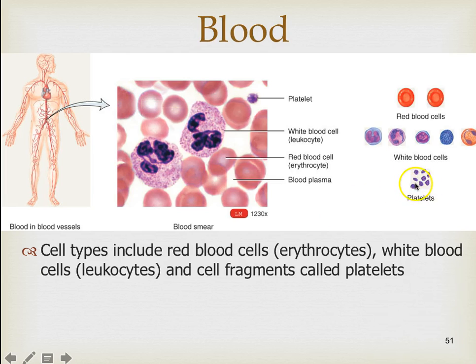And then platelets, and you'll learn a different term for this in 202, they're also called thrombocytes. Think of thrombosis, so thrombocytes. Platelets help stop bleeding. So red blood cells transport oxygen primarily, white blood cells are there for immune function, and platelets to stop bleeding.